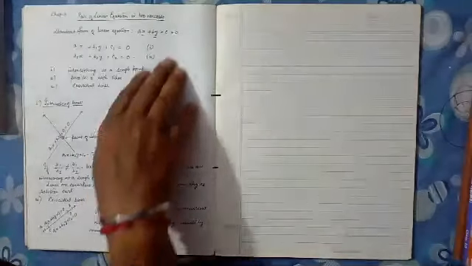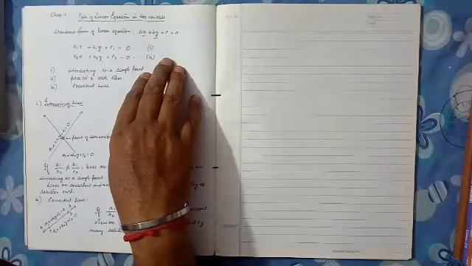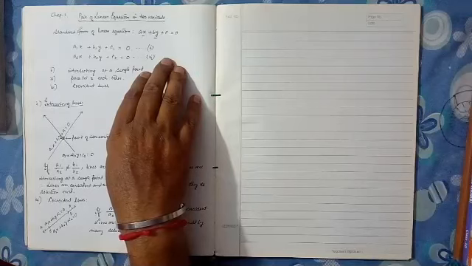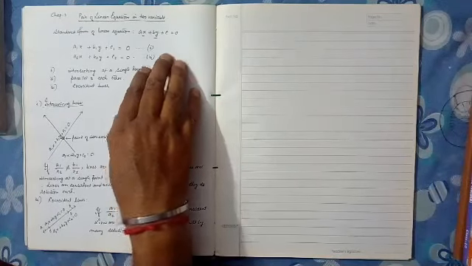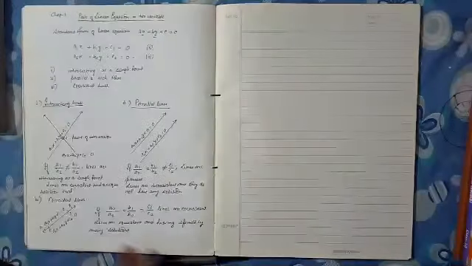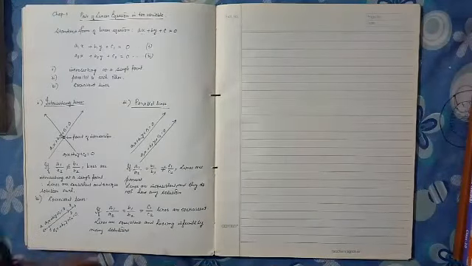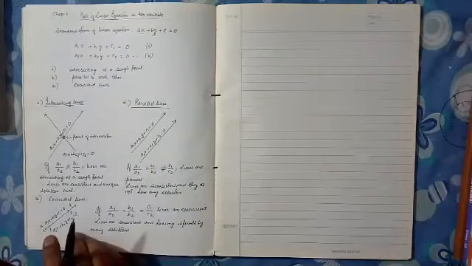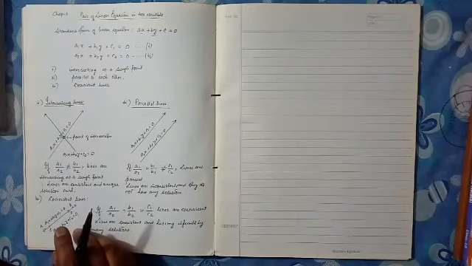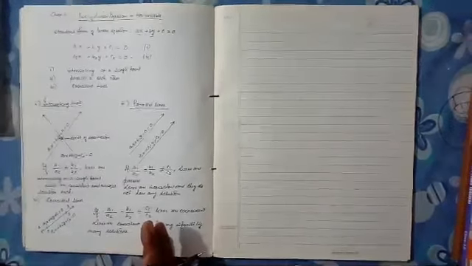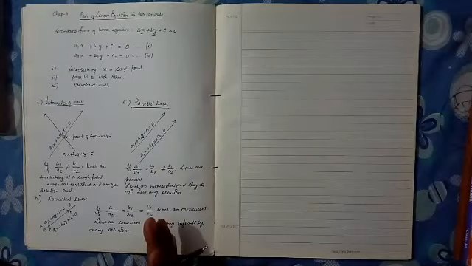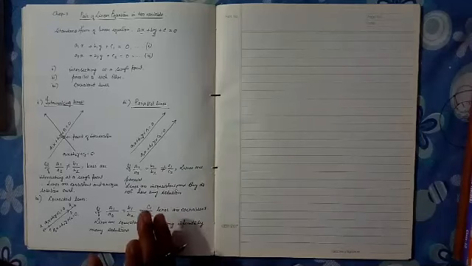So before finding a solution, we must justify whether the lines are solvable or not. If a solution is possible, that is a unique solution or infinitely many solutions, whatever it may be, it is said the lines are solvable.